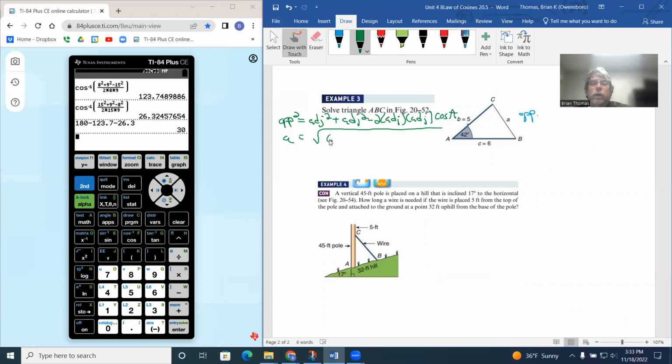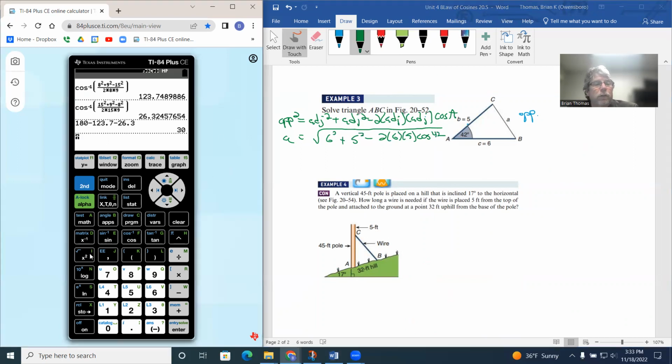So let's go 6 squared plus 5 squared minus 2 times 6 times 5 times the cosine of 42. So that's all we got to do is put that in the calculator.